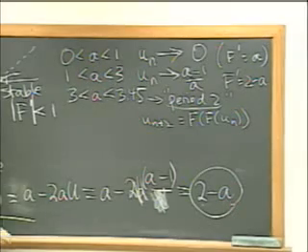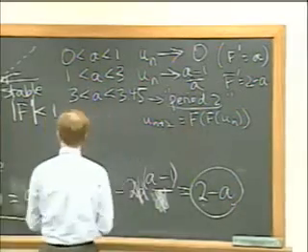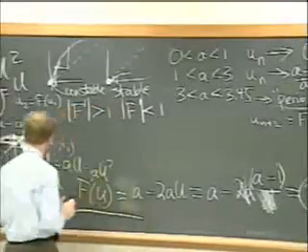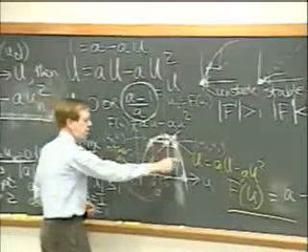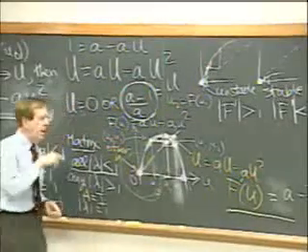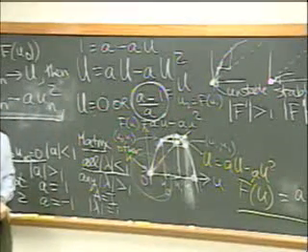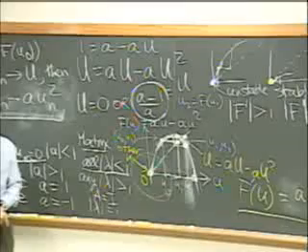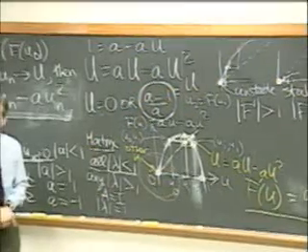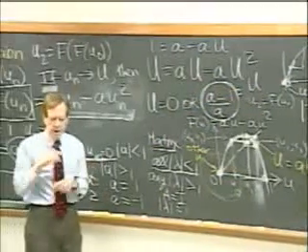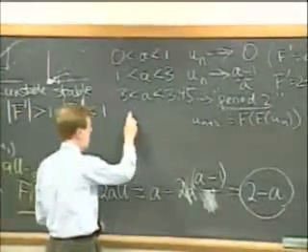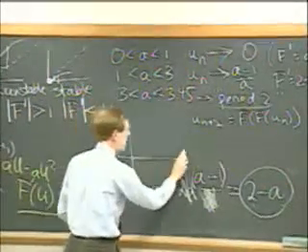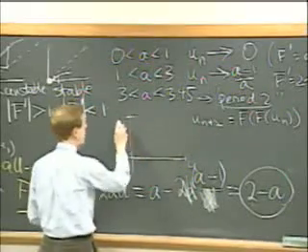So I have to draw f of f. And can I draw that? Well, I had enough trouble drawing f of u, but that was a parabola. Now what will f of f of u look like? Well, we know roughly what it looks like. Tell me what sort of a function I've got here.